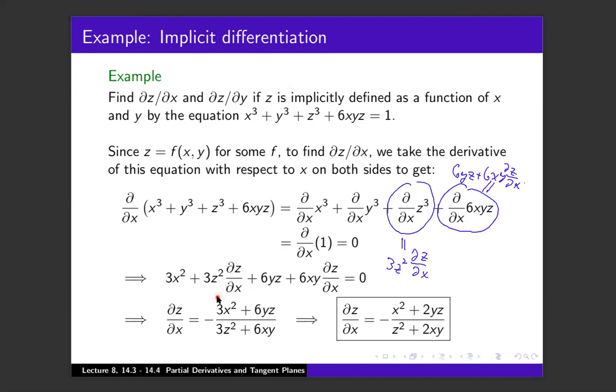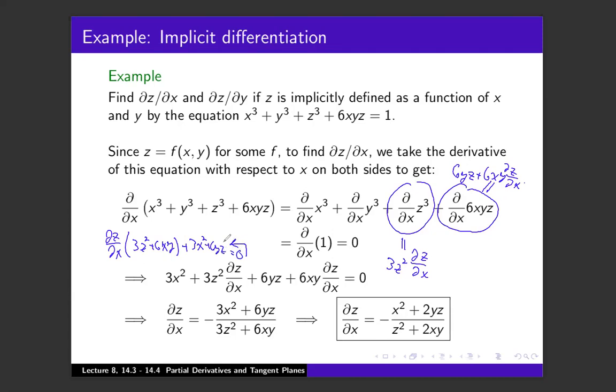And so separating that out, separating this whole thing out, is going to give us del z del x times 3z squared plus 6xy, plus 3x squared plus 6yz.